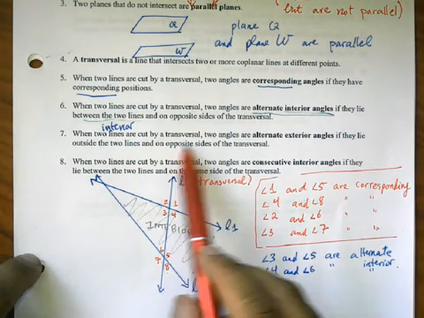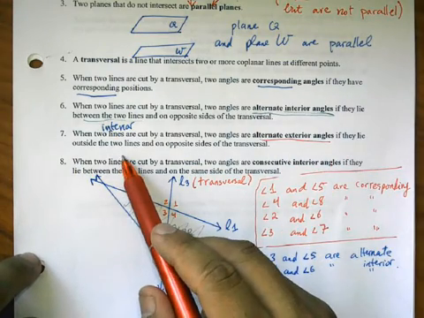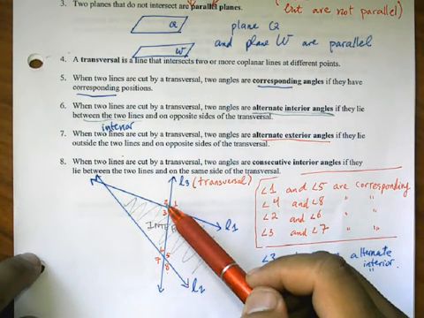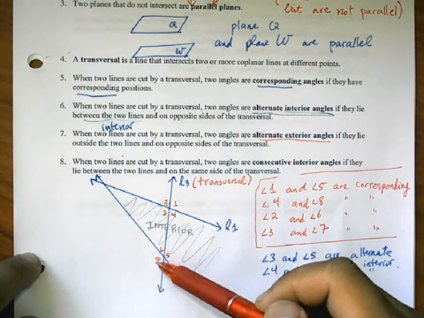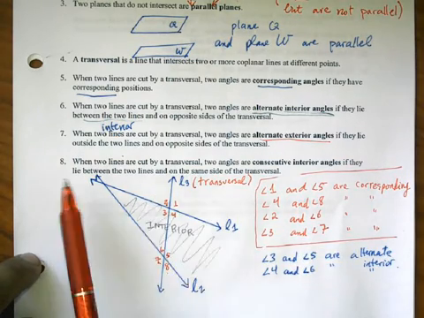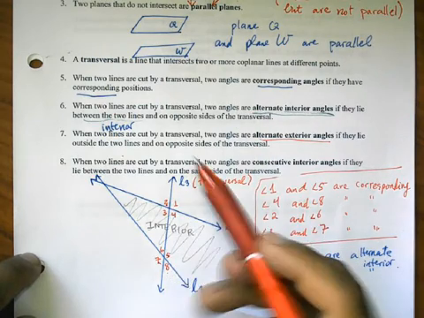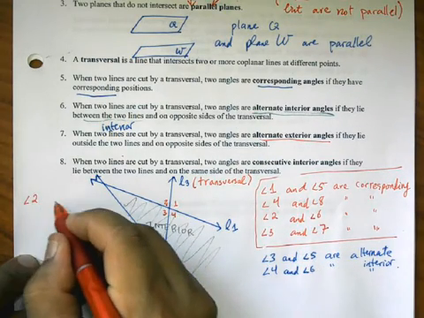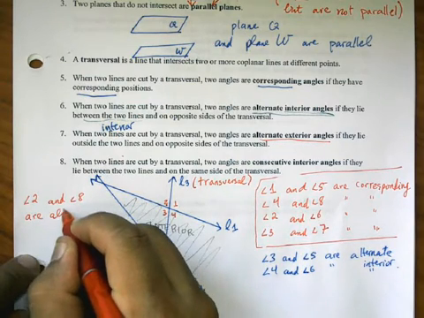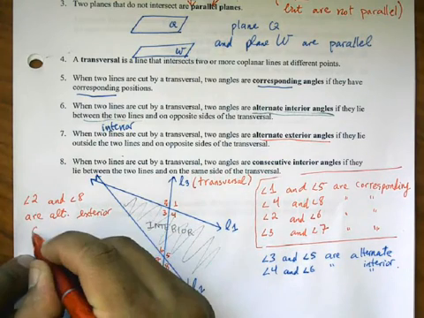Continuing on, two angles are alternate exterior if they lie outside the two lines and on opposite sides. So 2 is outside, 7 is outside, but they're on the same side of the transversal. They're both on the left. So you want to go with 2 and 8 here. Angle 2 and angle 8 are alternate exterior angles.